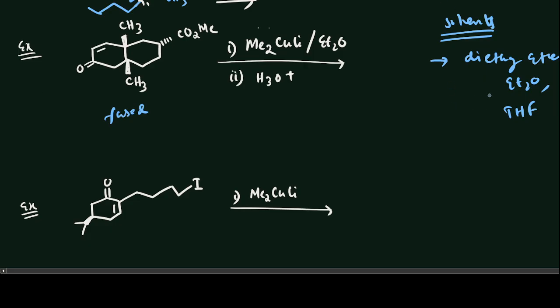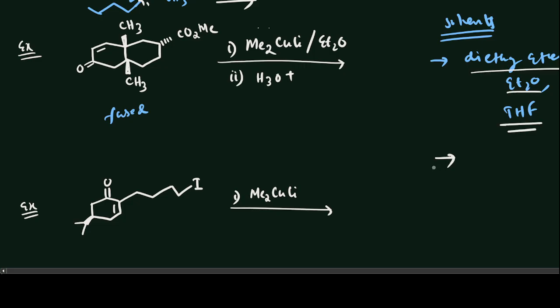Okay, why? Because this will be inert to this reagent, the Gilman reagent. This will be inert, and it will give good facility to the reactions. So what type of solvents will you use for the Gilman reagents? Either we can use diethyl ether or THF.